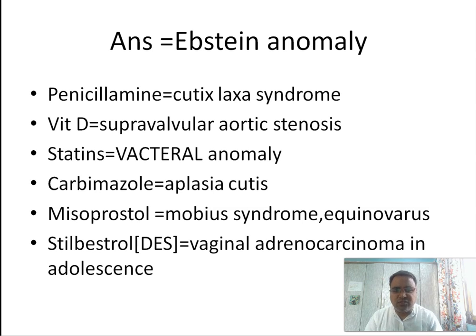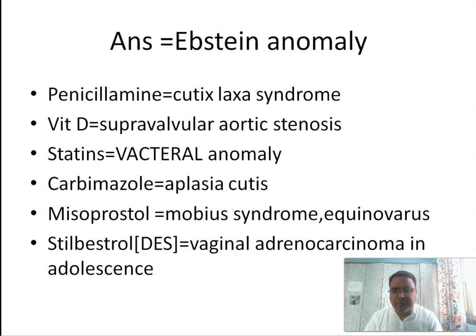To add some knowledge, if the mother is taking penicillamine, the feature we can suspect in the newborn baby is cutis laxa syndrome. If a mother is taking high dose of vitamin D during pregnancy, you can expect supravalvular aortic stenosis in the newborn baby. If the mother is taking statins, you can expect vertebral anomaly in the newborn baby.